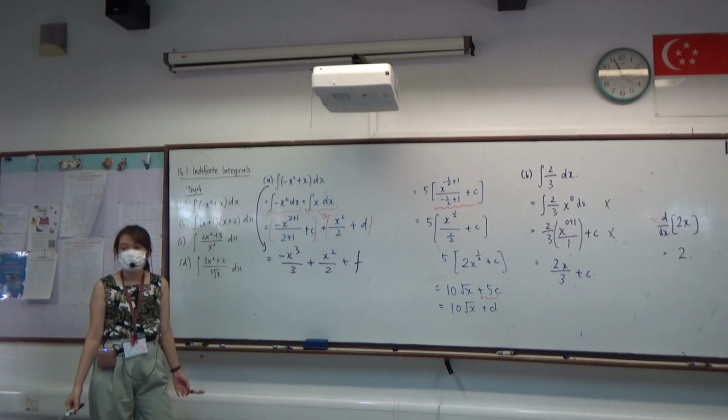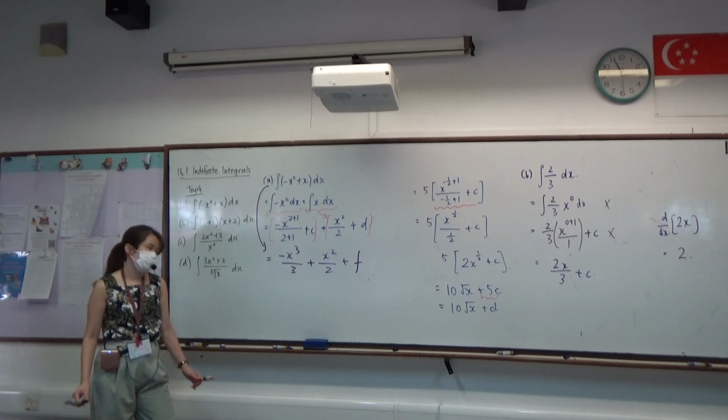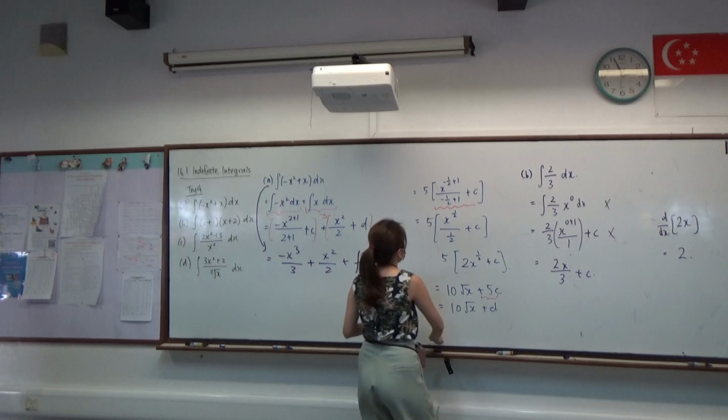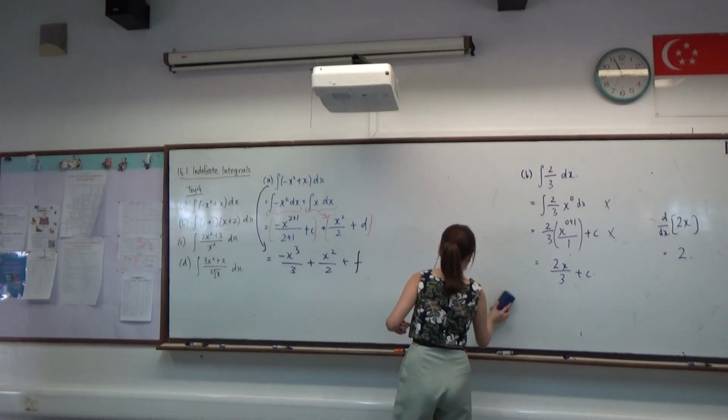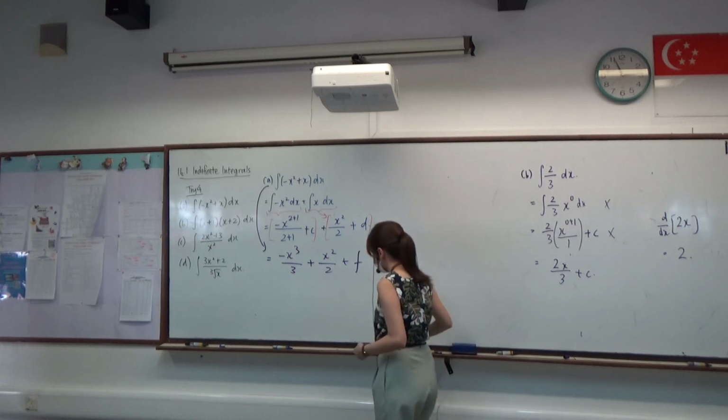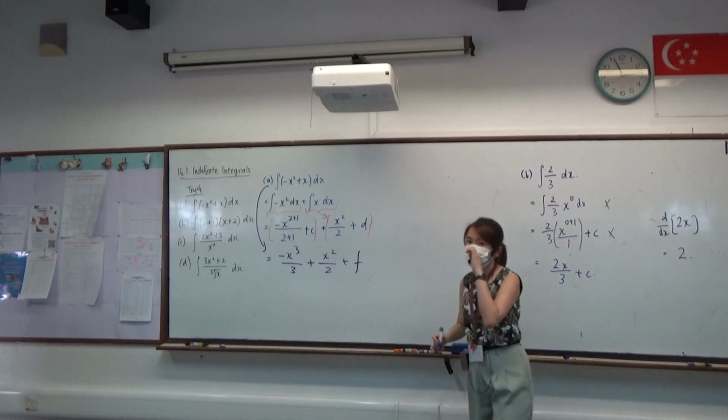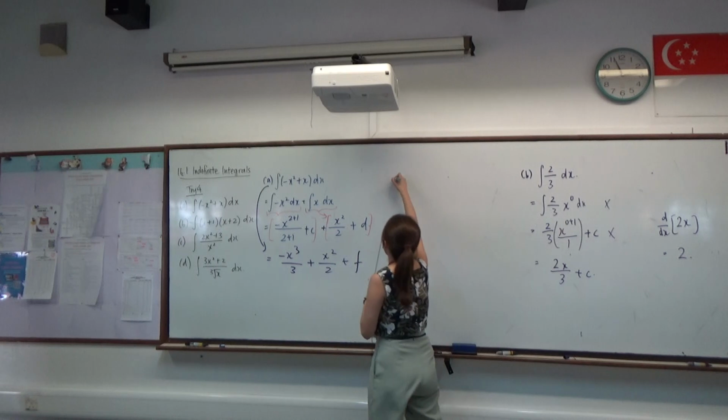Yes, E is an exponential number. Please do not choose E. What other letters should you be avoiding other than E? O. Yes, great. Because O looks like 0.